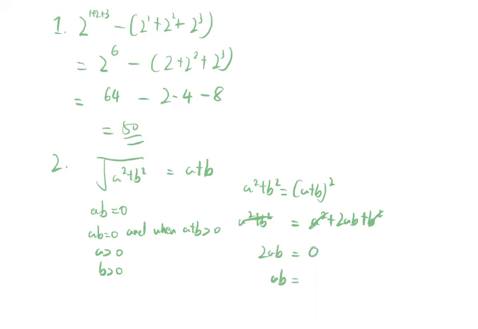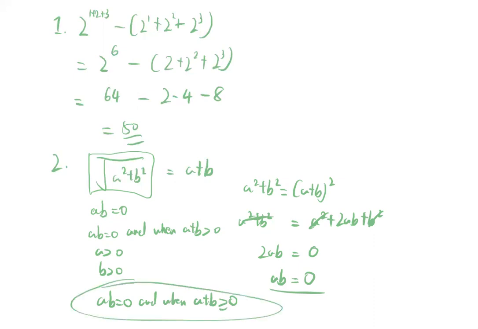So ab is equal to 0. However, we have to note that this is a square root, meaning that both sides have to be positive. So the condition is ab equals 0, and a plus b is bigger or equal to 0 actually. So that's the answer.